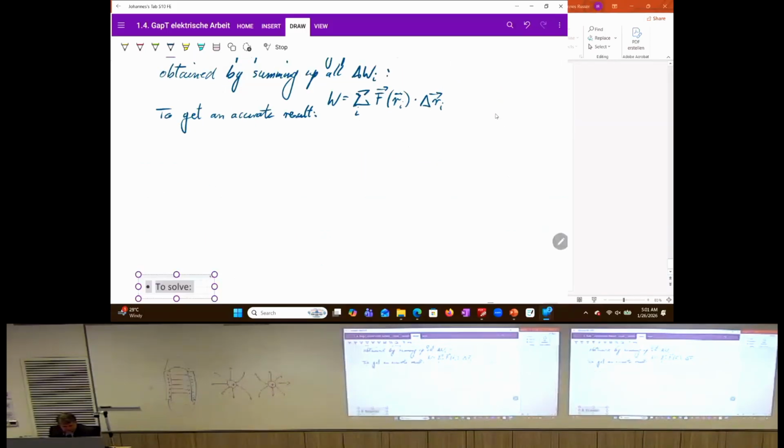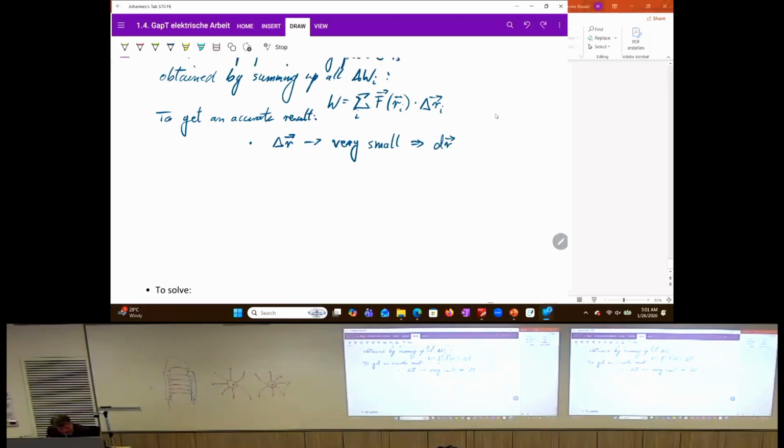In order to get an accurate result, we first have to make delta R very small, so that we make the transition from adding up small elements to an integration, making our delta infinitesimally small.